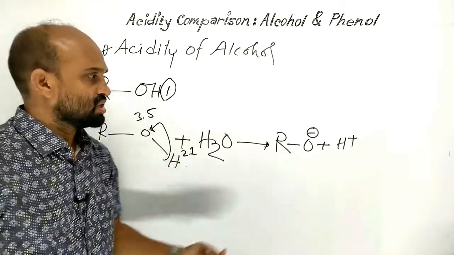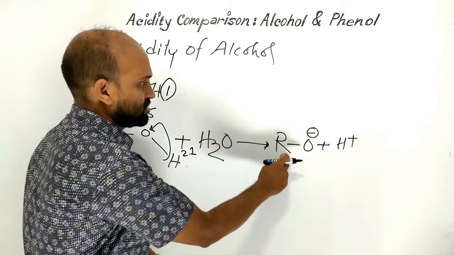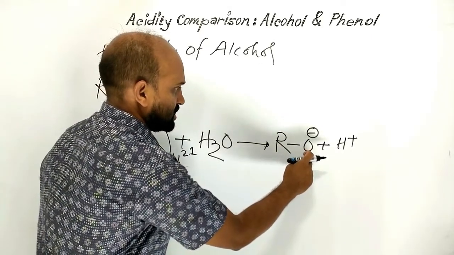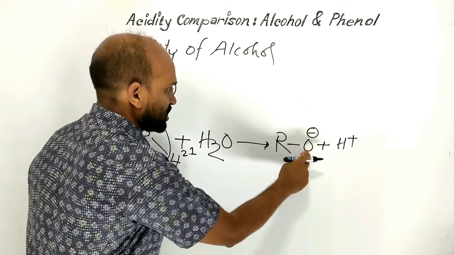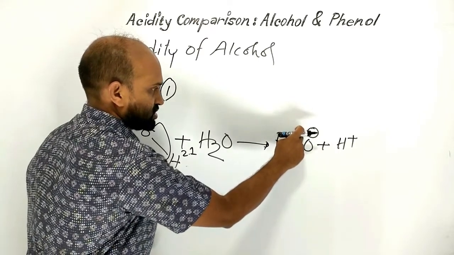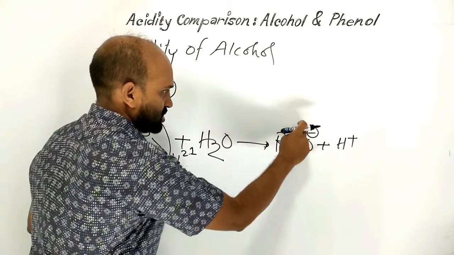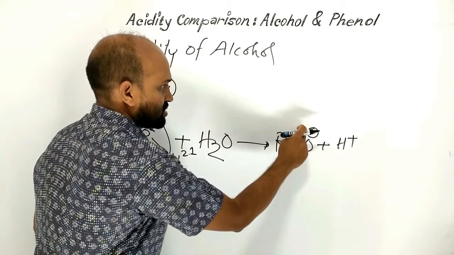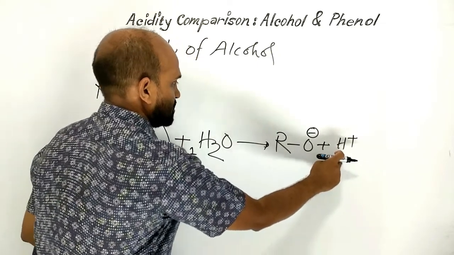Now let's see about the alkoxide ion. On one hand, the negative charge over oxygen doesn't disperse over the molecule. This negative charge doesn't spread over the molecule. That is why this ion attracts this proton very easily.